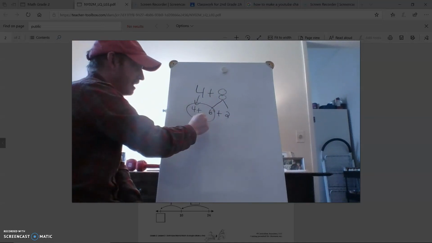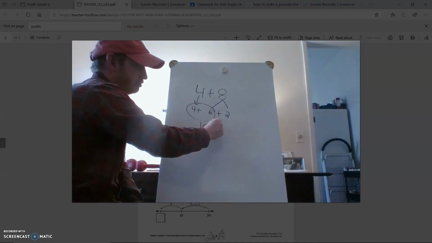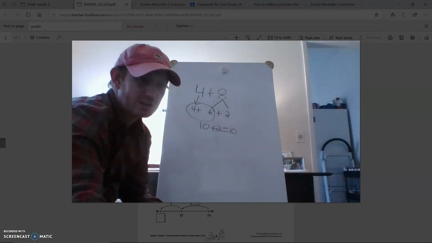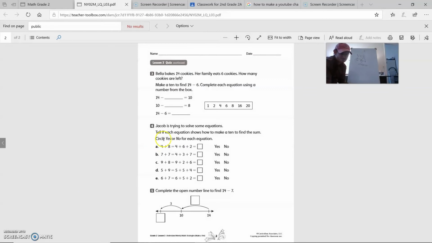That would give us our 10. 10 plus 2 is equal to 12. So let's take a look if that's what they did. They turned 4 plus 8 into 4 plus 6 plus 2. Look at that. So for letter A, we would circle yes.